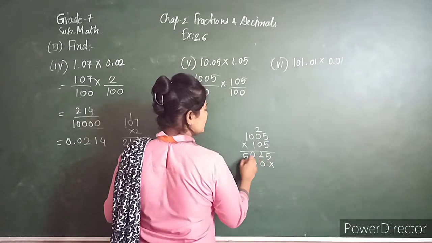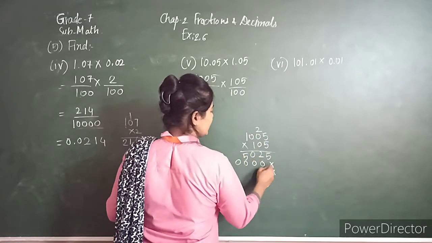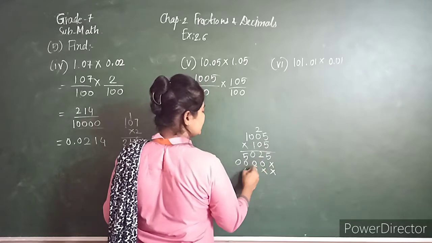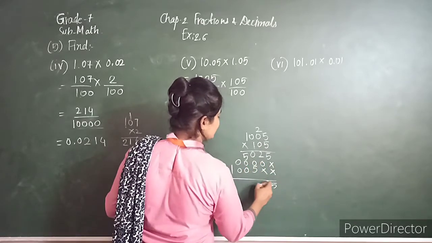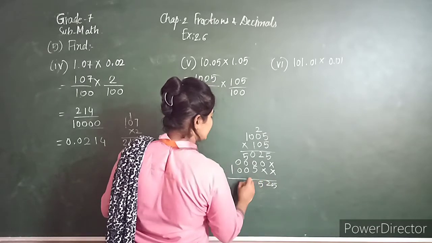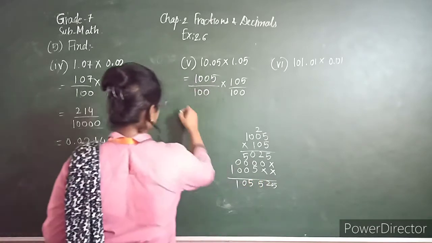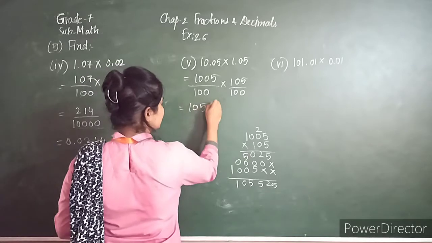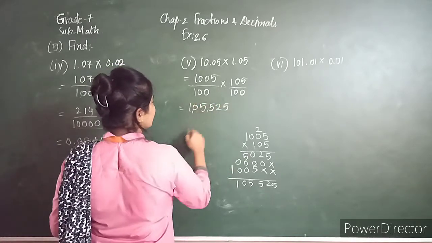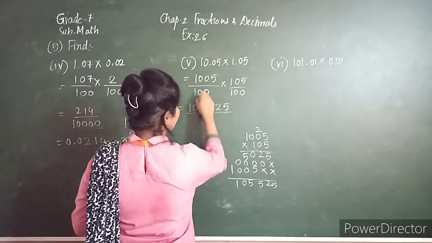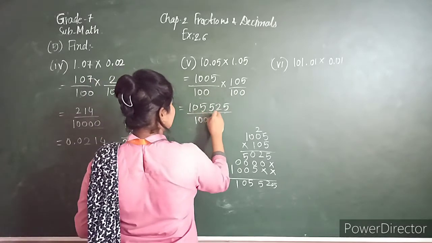Then 0 0 0 and 0. Here 1 5 is 5, 1 0 is 0, 1 0 is 0, and here 1. So 5, here 2, 5. So it is 105,525 upon 100 into 100, that is 10,000.